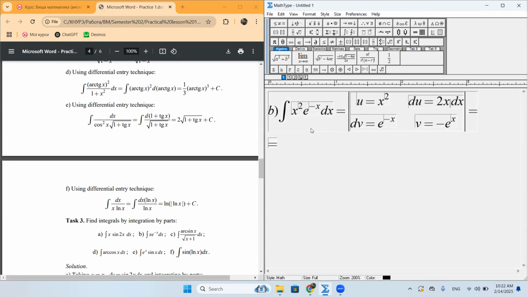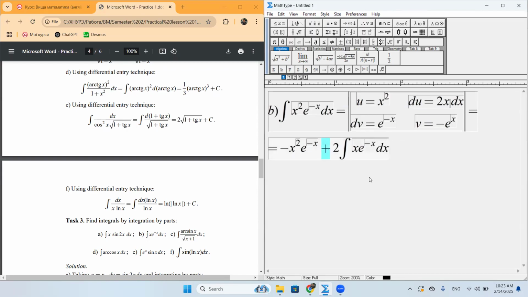So firstly u and v, so minus x squared by exponent of minus x. And the next integral, so I will write 2 outside of the integral sign, and we will have x multiplied by e to the power of minus x dx.